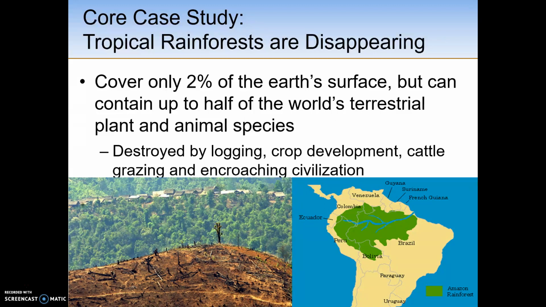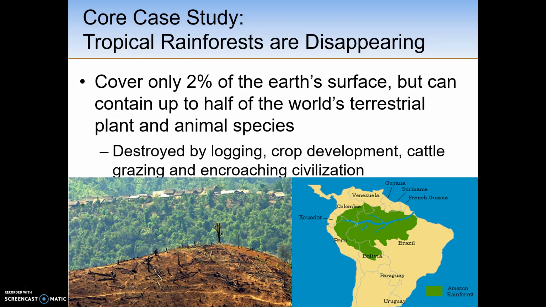Your core case study for this chapter focused on tropical rainforests and deforestation. Forests cover only 2% of the Earth's surface, but can contain up to half of the world's terrestrial plant and animal species.